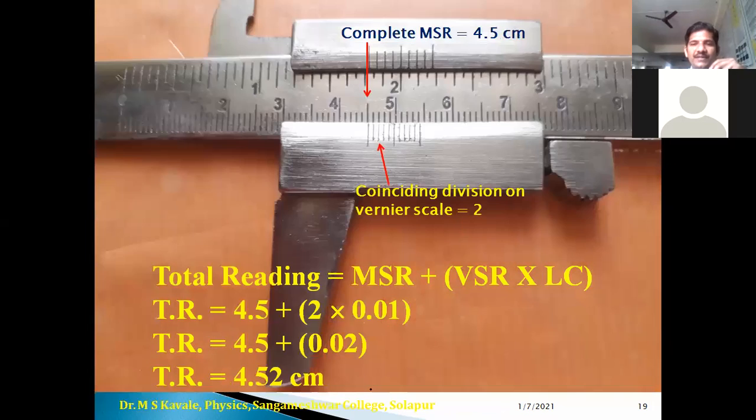Okay. Now, in this case, complete MSR is equal to 4.5. So here we can observe that the first division on the Vernier scale has completed 4.5, and VSR is 2, that is the second division on the Vernier scale is coinciding with a division on the main scale.